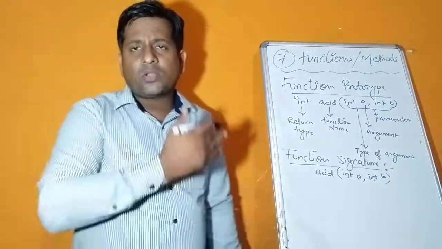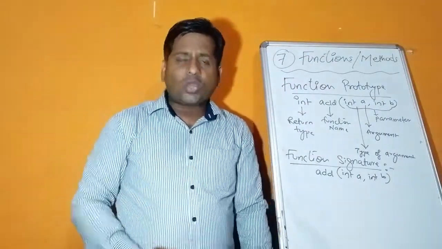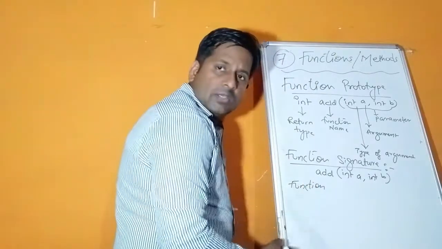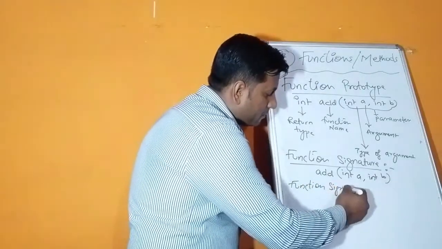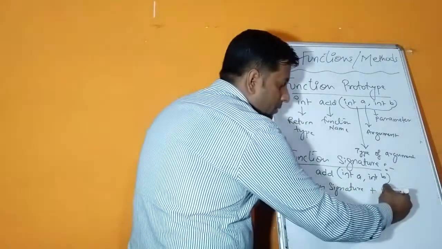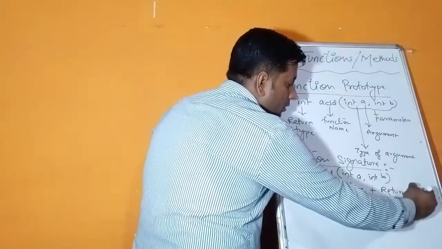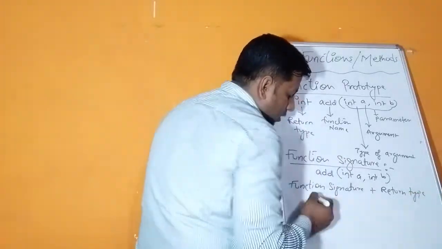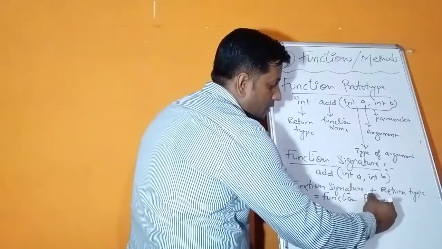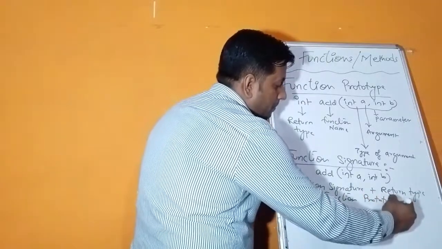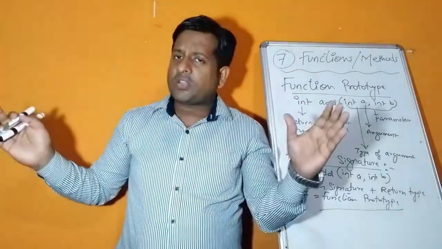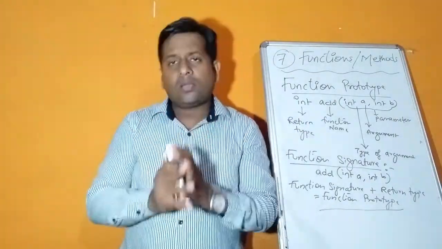So this becomes a function signature. So in short, you can say function signature plus return type is equal to function prototype. So function prototype is a combination of function signature and a return type.